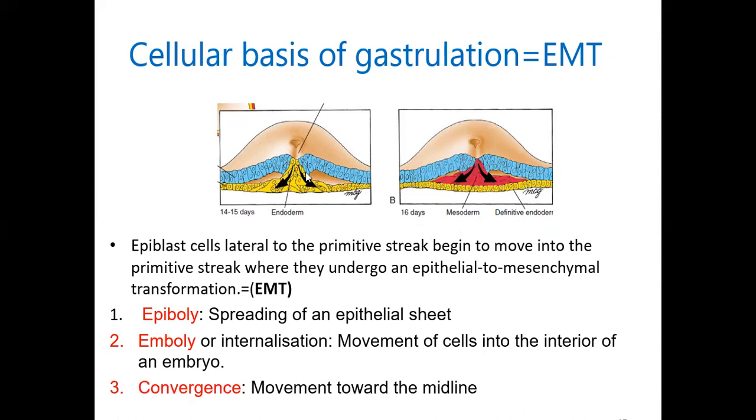Finally there is convergence, where all the cells from the embryonic disc move towards the midline, which leads to convergent extension and the lengthening of the craniocaudal plane. Why? Because all the cells are moving towards the midline and cannot be accommodated in a small space, so there is lengthening in the craniocaudal plane.